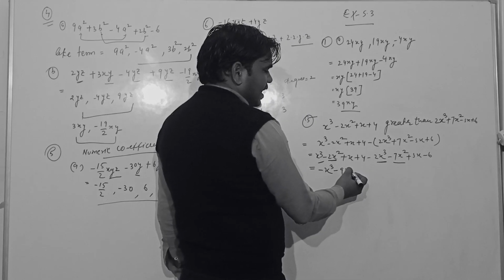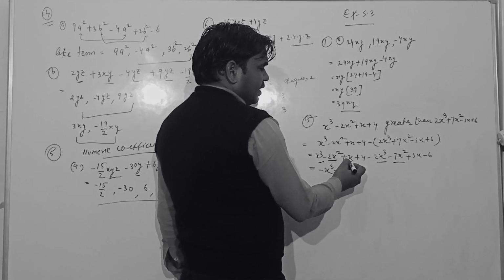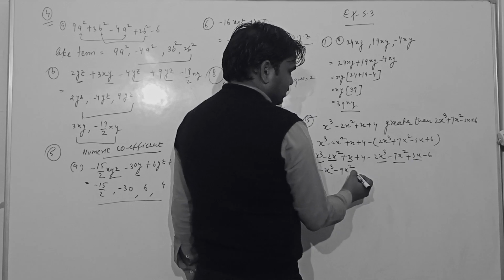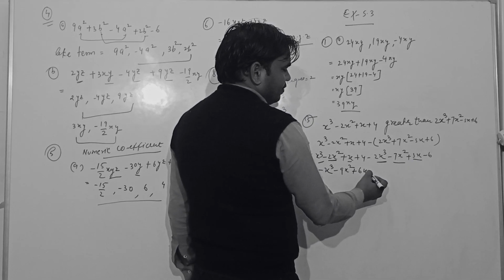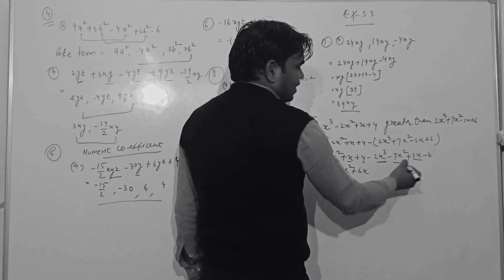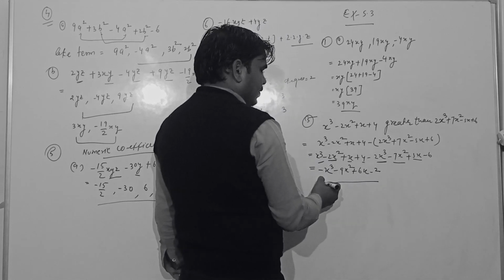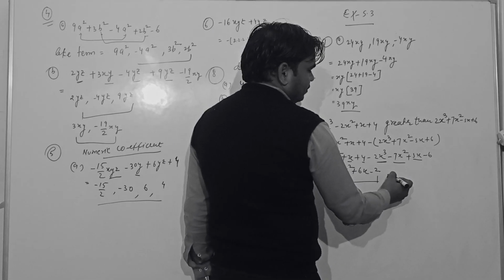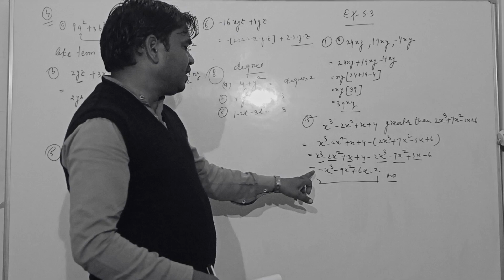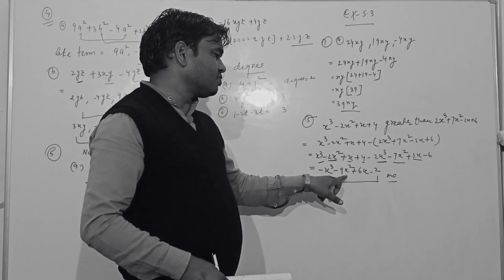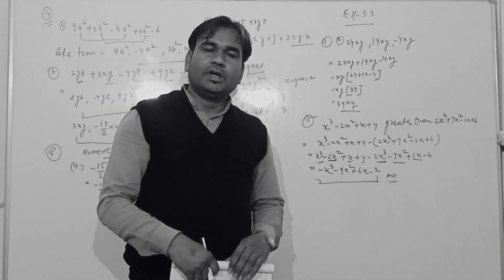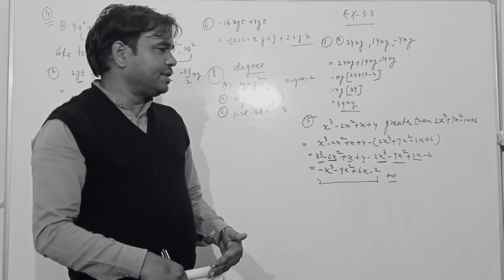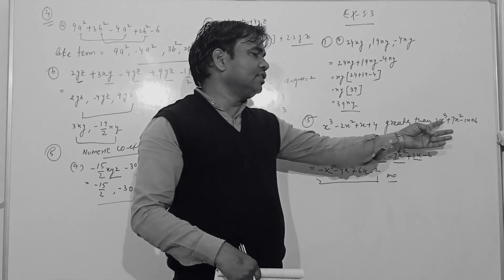So this is 9x square, and this is x and 5x. This is 6, and 4 and 6 we can write as 2. So this is the answer. So minus x cube minus 9x square plus 6x minus 2 is how much greater than this number.